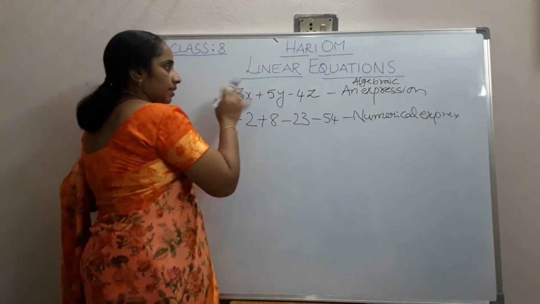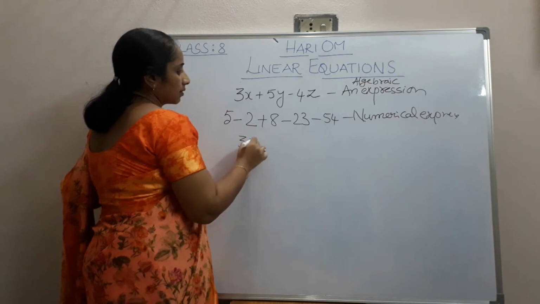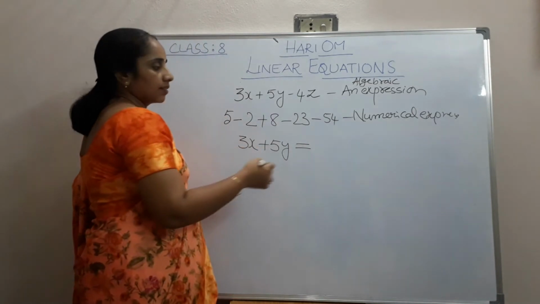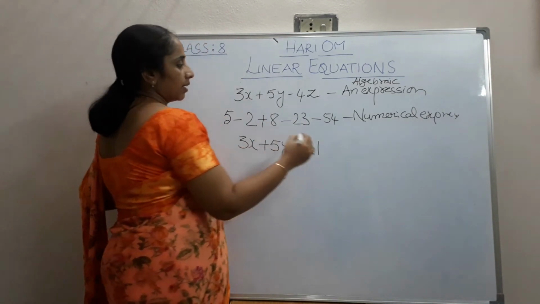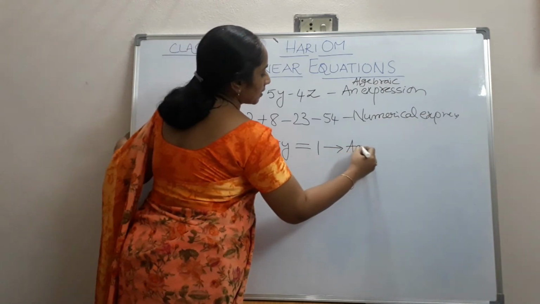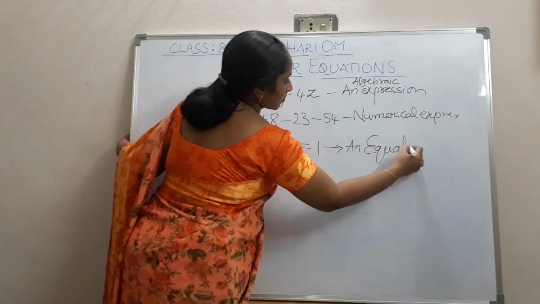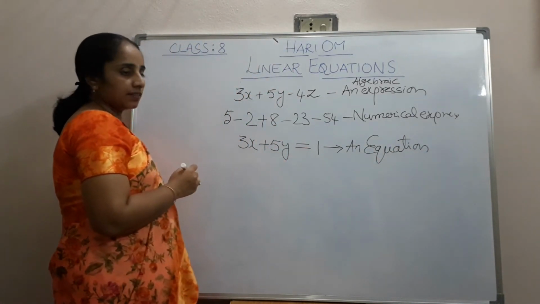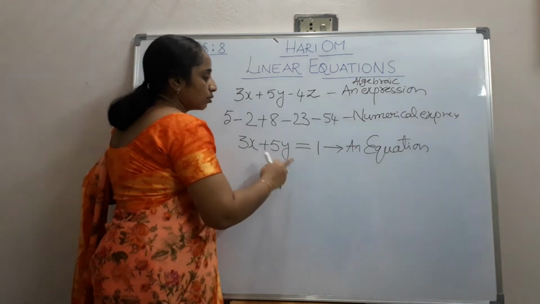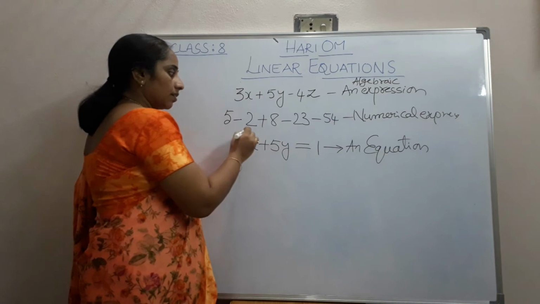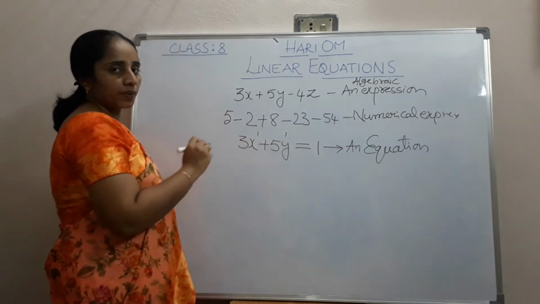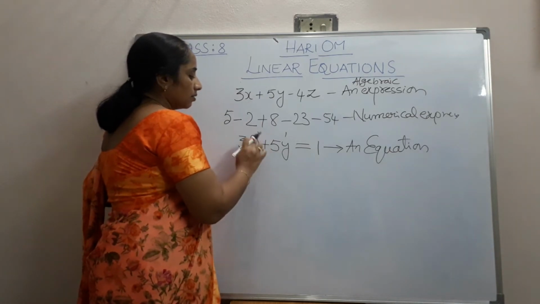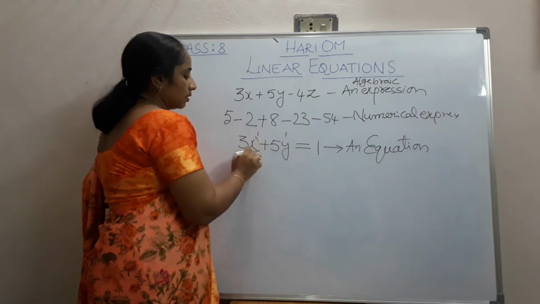If this algebraic expression has an equal to sign, then we can call it an equation. In an equation, if we have two variables with degree 1, it is a linear equation in two variables, and these are terms.